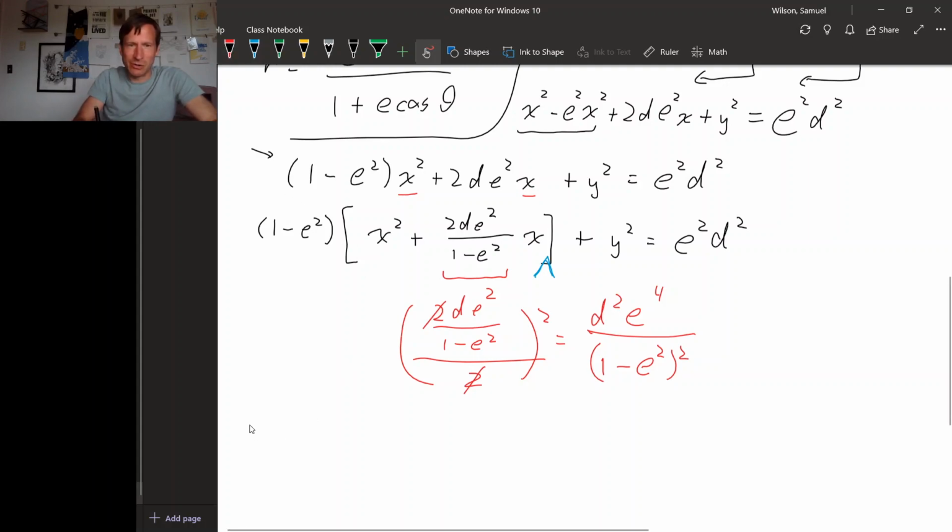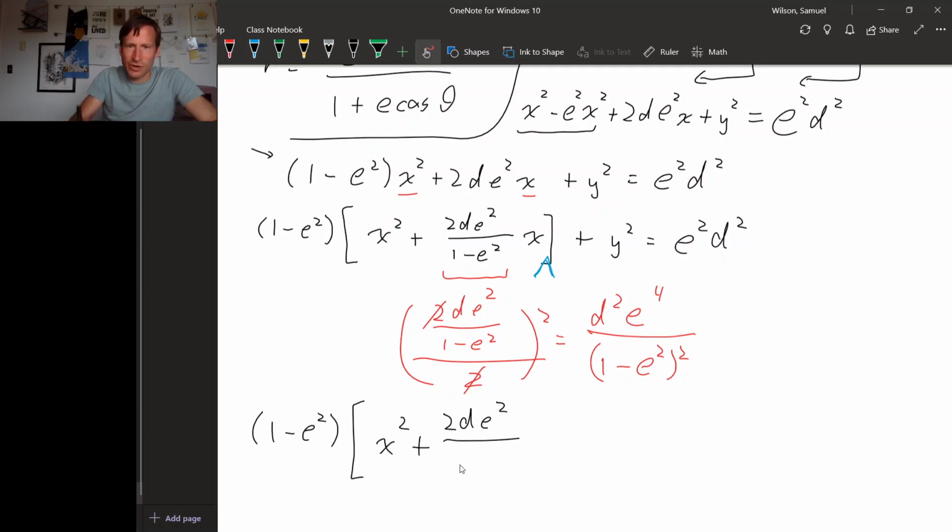So that's 1 minus e squared times x squared plus 2de squared over 1 minus e squared times x. And now we need to make the missing part of the square appear.